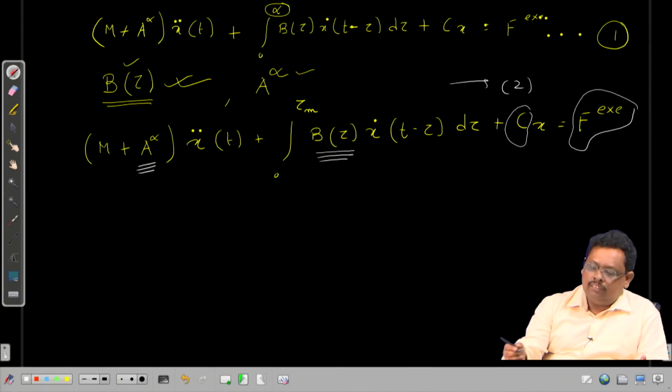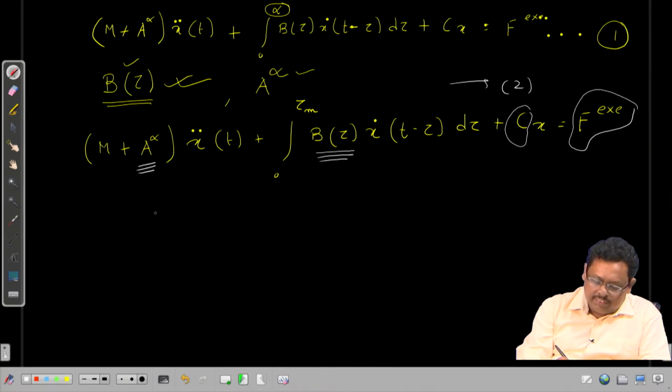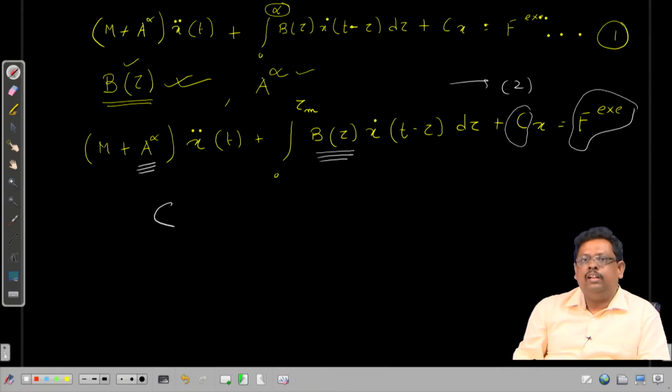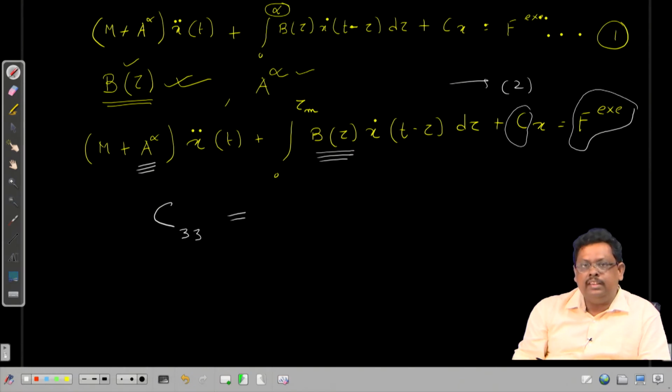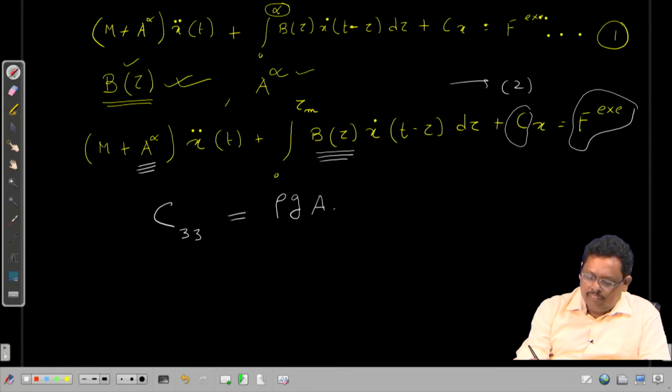Today let us start with how we can calculate C, the restoring coefficient, first. I do not spend much time on this, because we spent a lot of time initially to get C. You know that for heave, C33 is nothing but rho into g into water plane area.